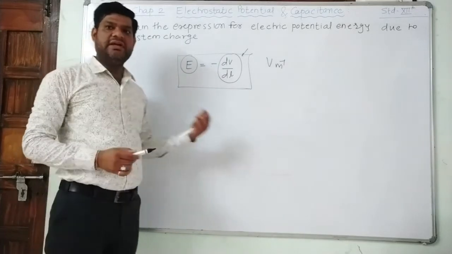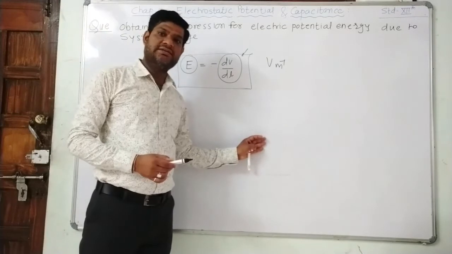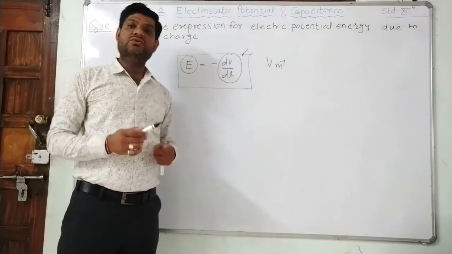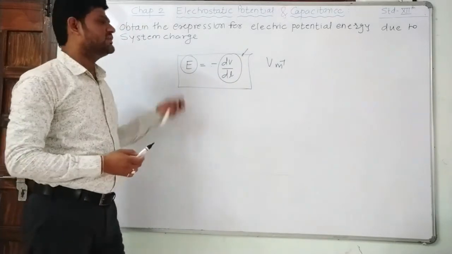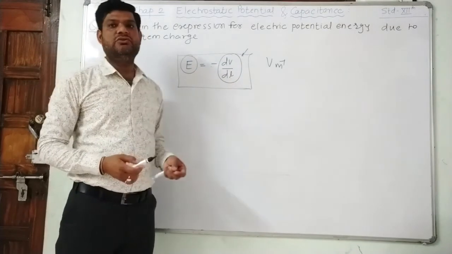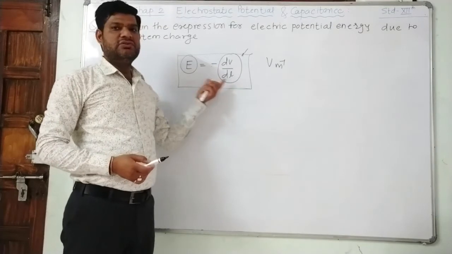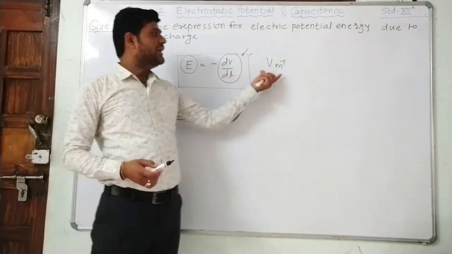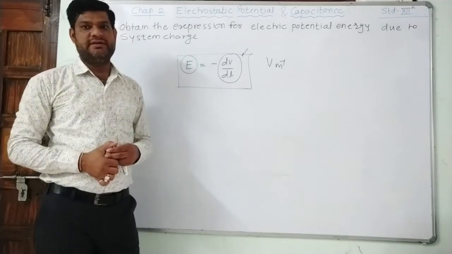And second thing we can conclude, as we are going away from the source charge, the potential goes on decreasing, right? So these things we can conclude from this equation. Keep in mind the term dV by dl is known as the potential gradient, and that potential gradient equal to this E. The SI unit of potential gradient is volt per meter.